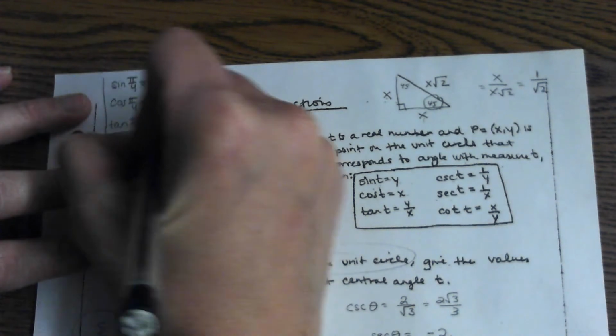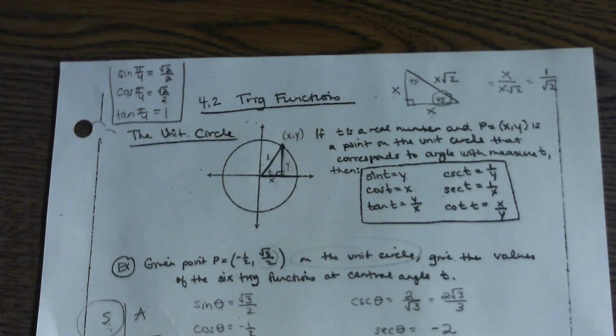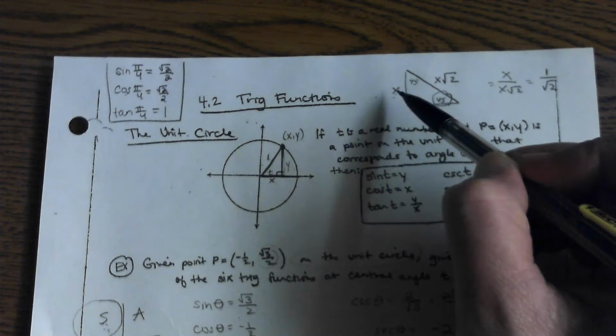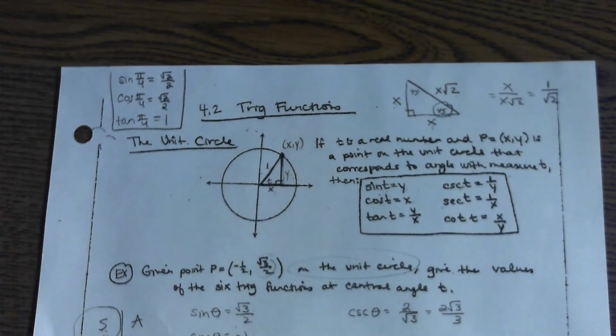So you don't yet have to memorize the entire table, but those three, and also their reciprocal versions, you are responsible for knowing right now. Because they come from isosceles triangles, and because the ratio of isosceles triangle sides is x, x, and x root 2. I keep saying isosceles triangles. I should be saying isosceles right triangles.